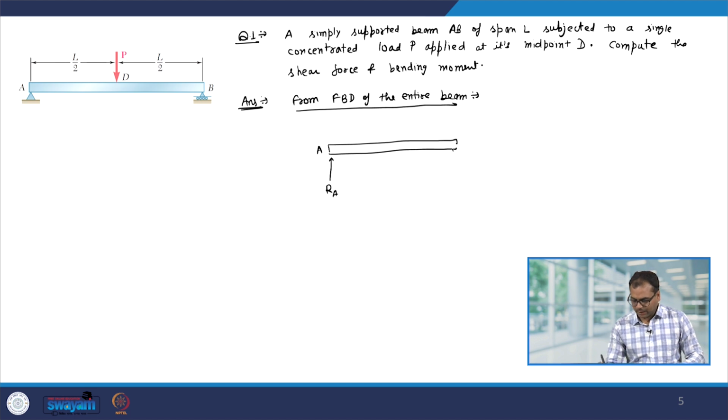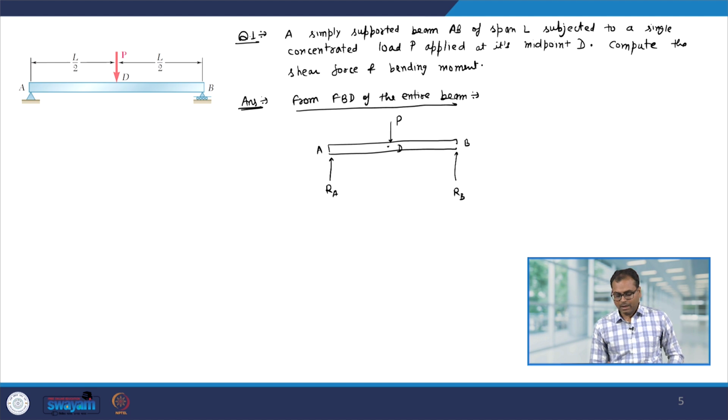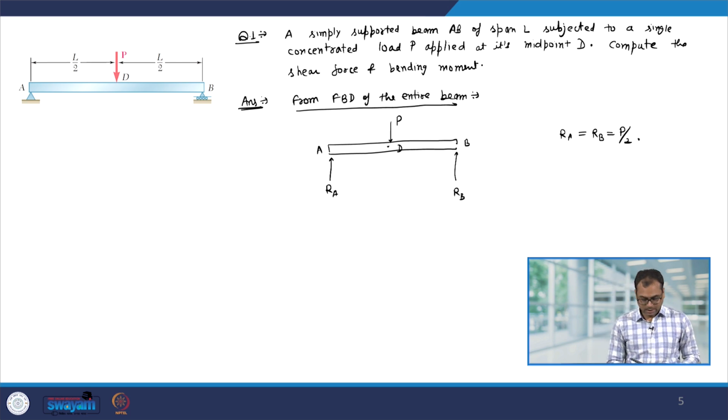Let us call it R A. At B you have a force again in the y direction R B, and then at the midpoint which is D we have an external force of P. Now, from here you can clearly see that R A equal to R B equal to P by 2. Okay. So, now we got the reaction forces which are acting at A and B.